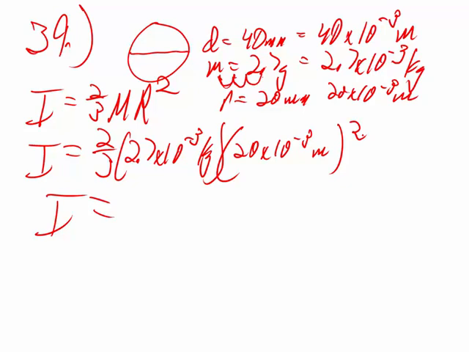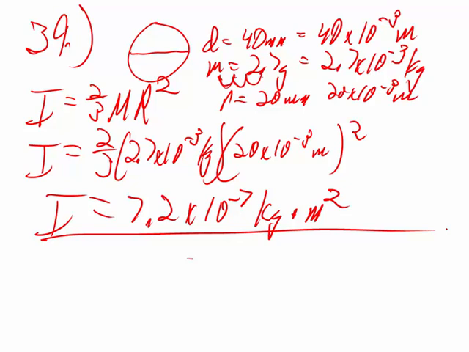There we go. I punched it in wrong. It's 7.2 times 10 to the -7, and that's kilograms meters squared. Sorry about the mistakes there. There's your moment of inertia. So that's problem number 39.